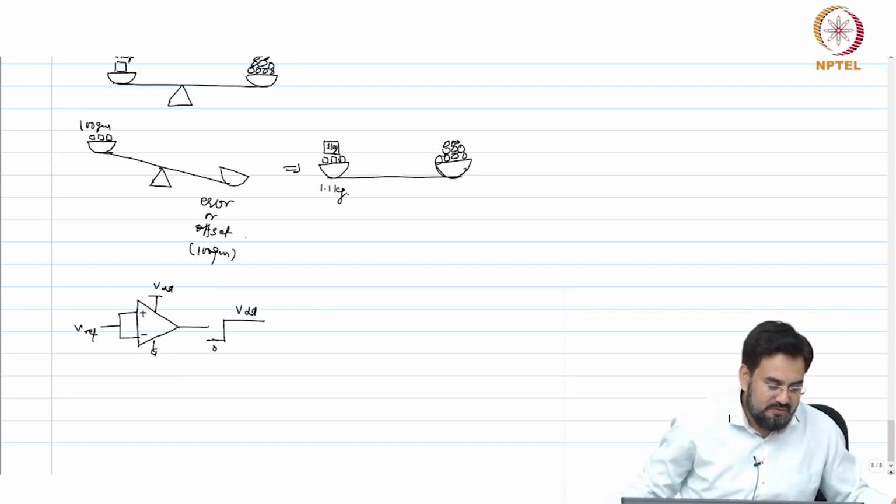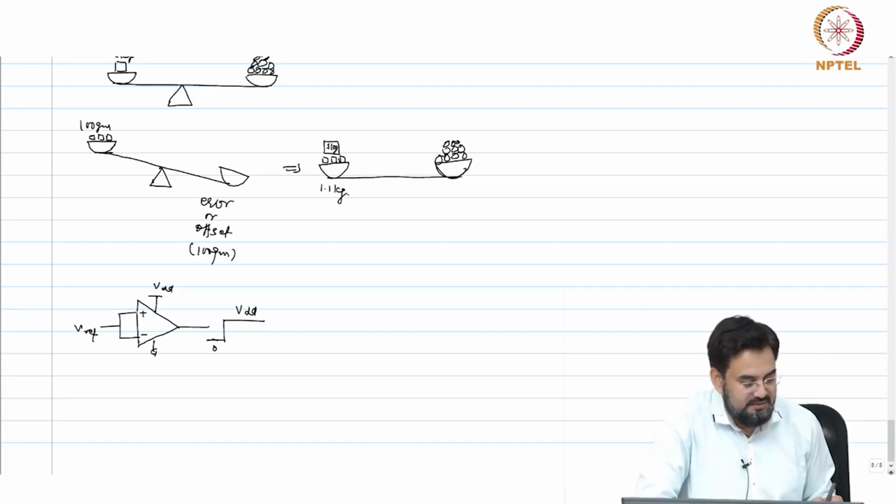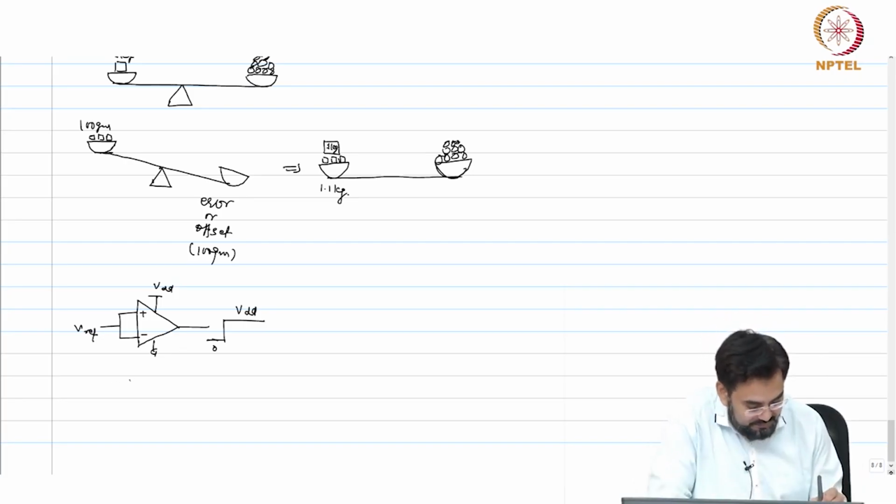So I know that there is an offset, which means it actually has an offset of VOS.